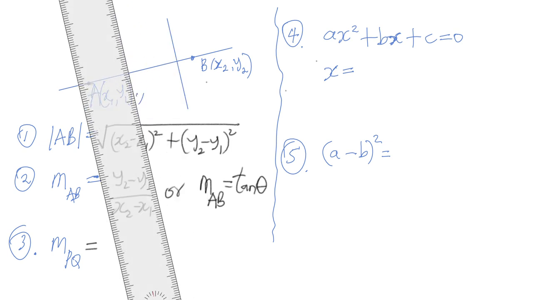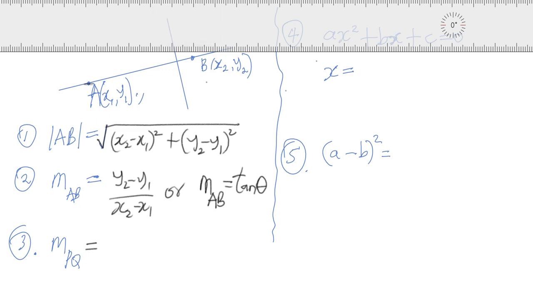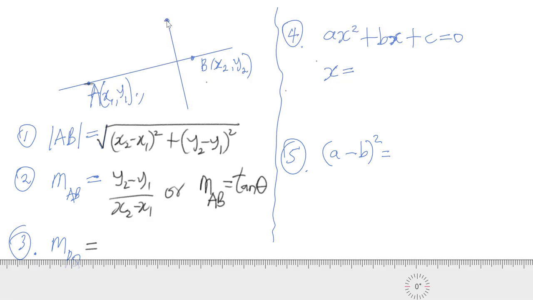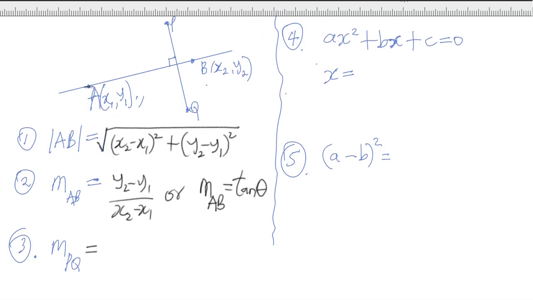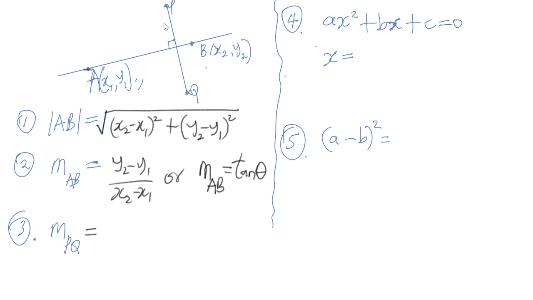We have P here, Q here. I have drawn line PQ which makes 90 degrees with line AB. So the gradient of line PQ is going to be -1 divided by gradient of line AB. When the two lines meet at 90 degrees, this will be the relation between the two gradients.